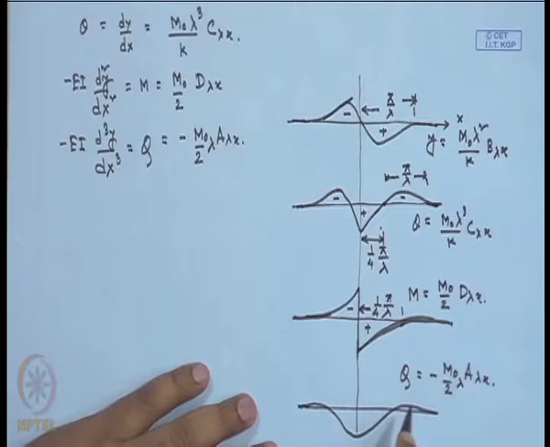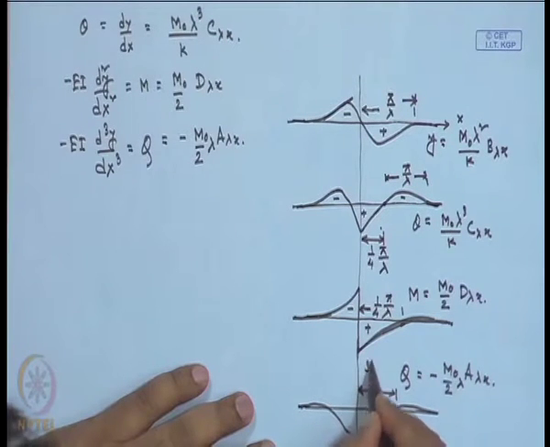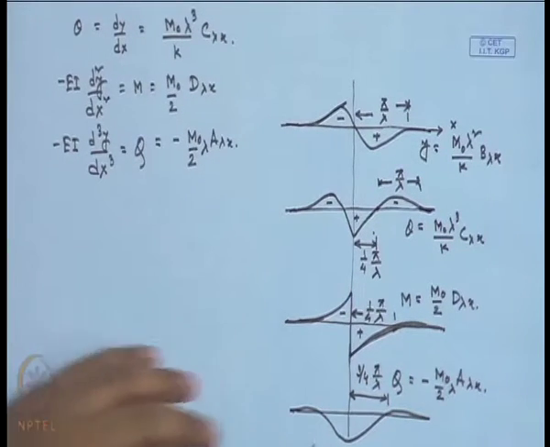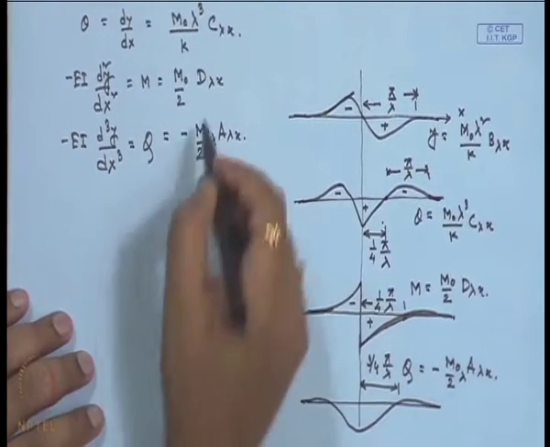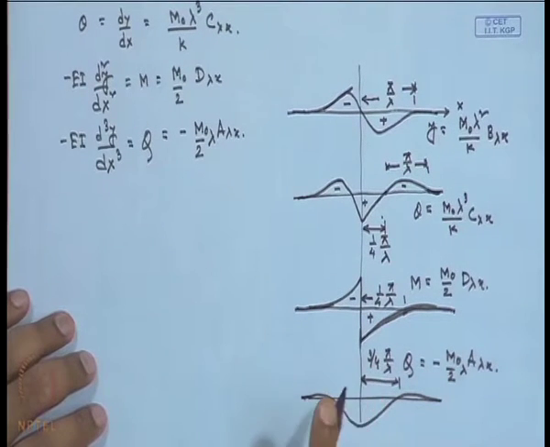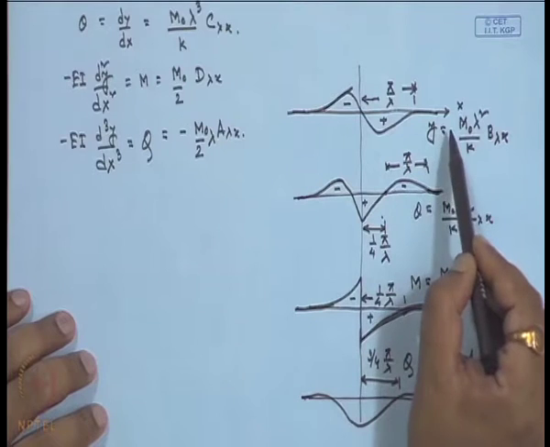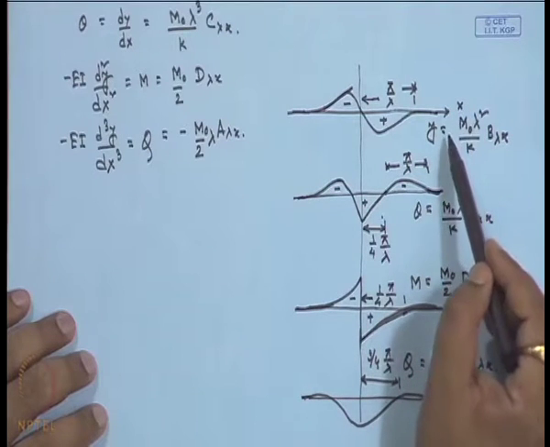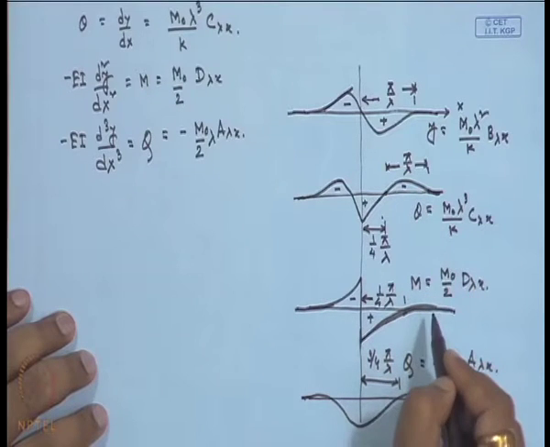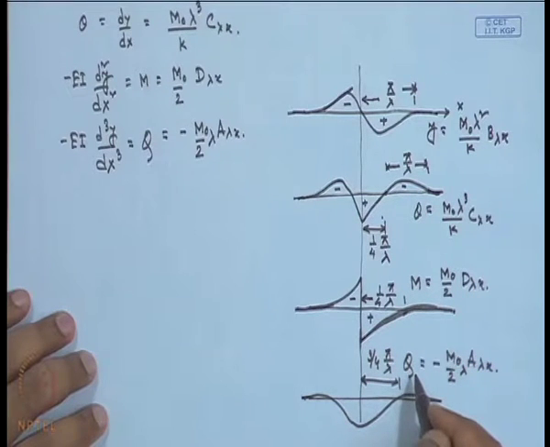So, that is minus. So, the value from here to here, where it is changing the sign, is 3/4 divided by pi by lambda. So, here there will be a lambda term. So, now we will get these 4 expressions, one is for the deflection, one is for the slope, one is for the bending moment, and one is for the shear force.